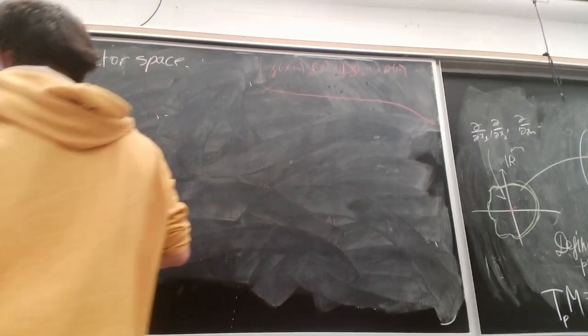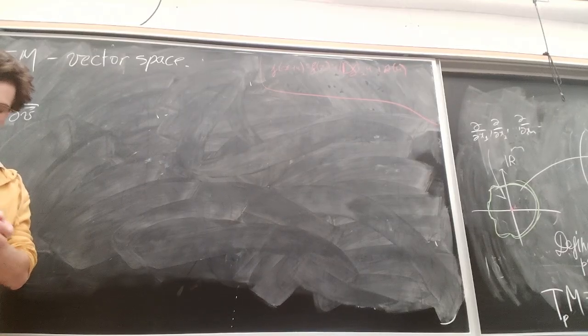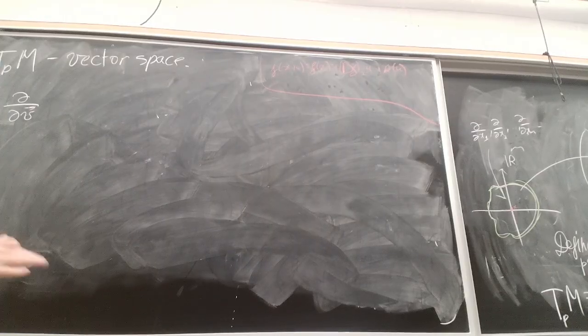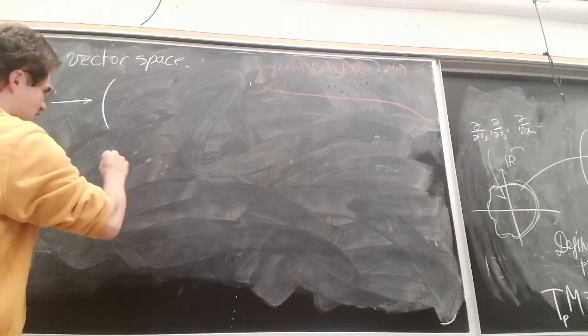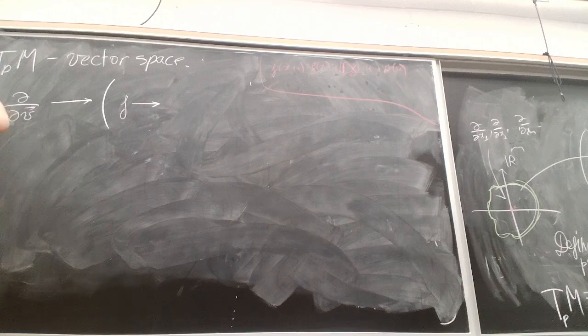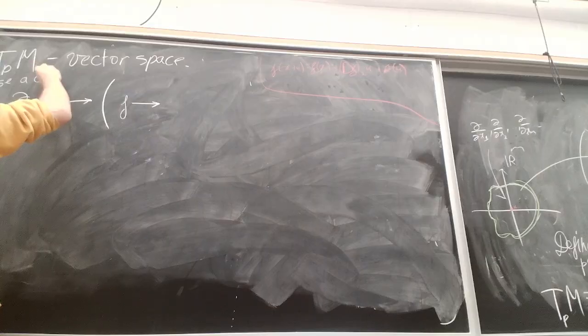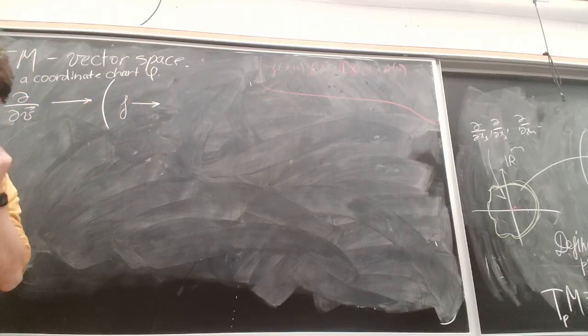So what is the map? I'm going to take a derivative in some direction v on my coordinate chart, and I'm going to send this to the following map. First I'm going to choose and fix my coordinates phi.